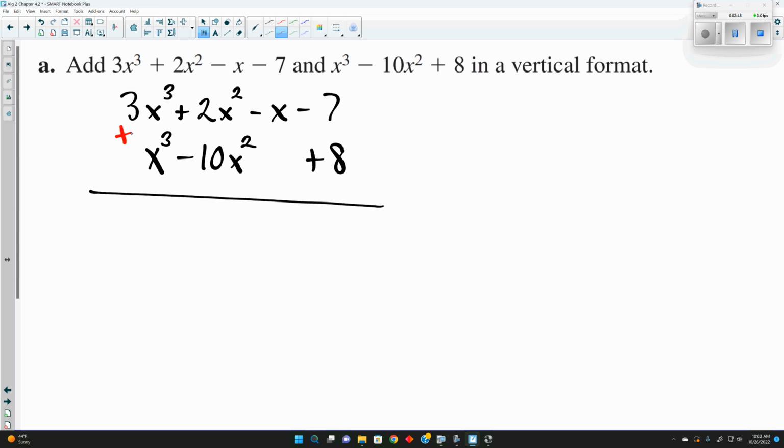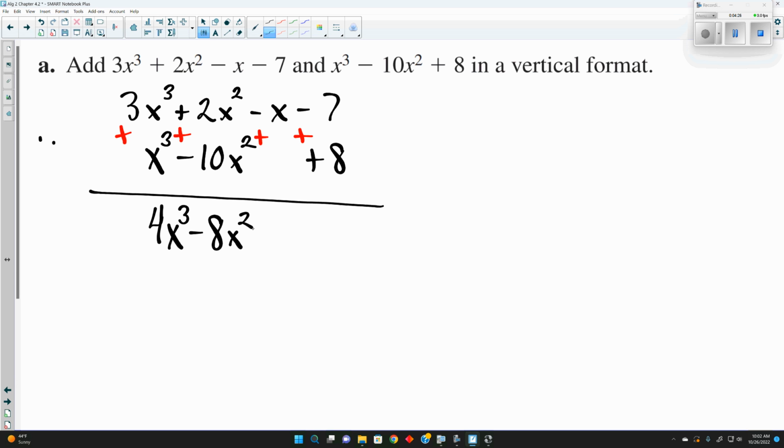And again, we are adding. So we're going to add all of our like terms together. First thing we can do is x to the third plus x to the third. So 3x to the third plus x to the third is 4x to the third. 2x squared plus negative 10x squared is negative 8x squared.